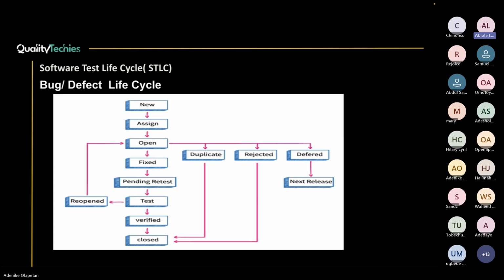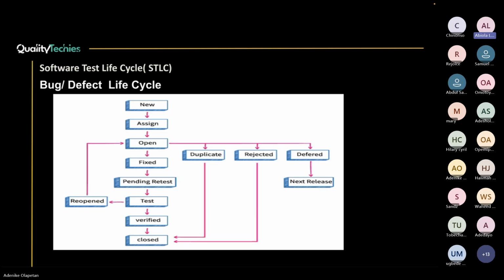New, you found that defect. What do you do next? You assign it to the developer. At that stage, the status of the defect is Open. That means nobody has attended to it.